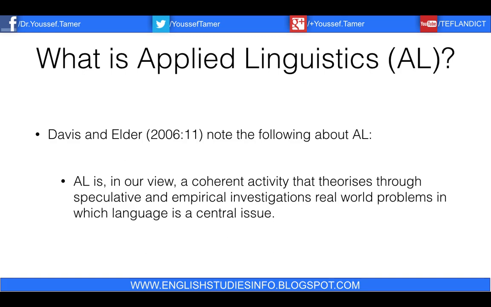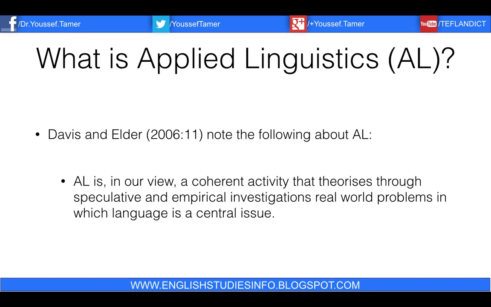They theorize, give theories, explanations, via empirical investigations. For example, if you go to the learning theory of behaviorism, the dog, that's an empirical investigation, and he came up with the idea of stimulus and response theory for learning a language, right? So this is how applied linguistics comes.